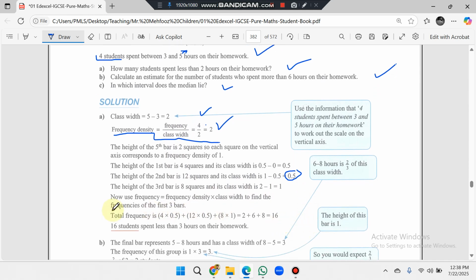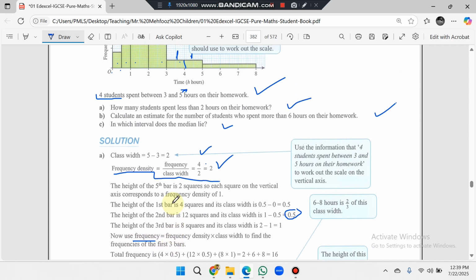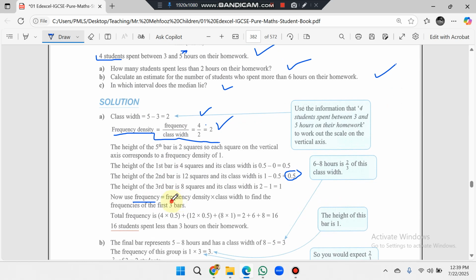Next one is, now use frequency. We have the formula for the frequency, or the area of the bars, that is equal to frequency density multiplied by class width. We have to find this frequency by using this formula, that is 4 multiplied by 0.5 in the first bar, in the second bar 12 multiplied by 0.5, in the third bar 8 multiplied by 1.